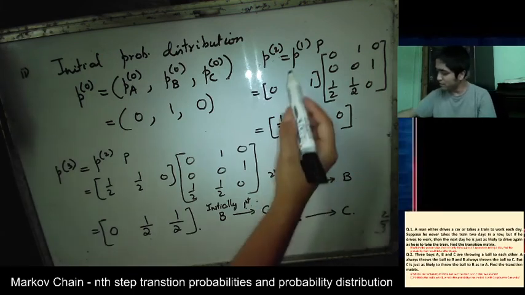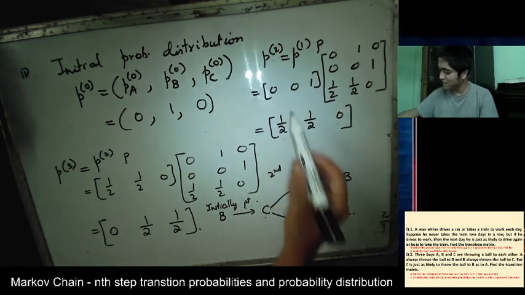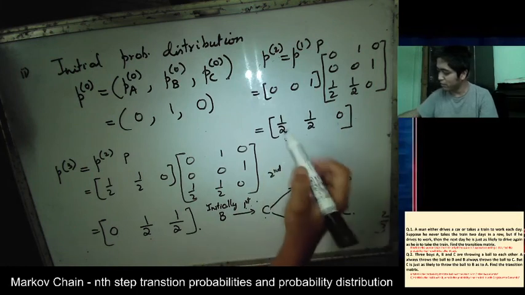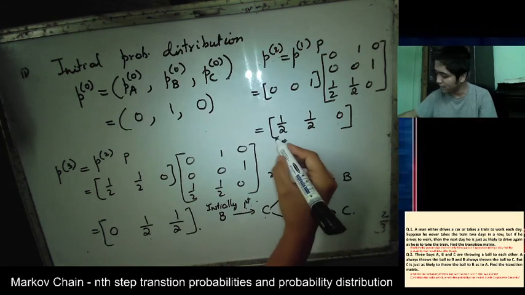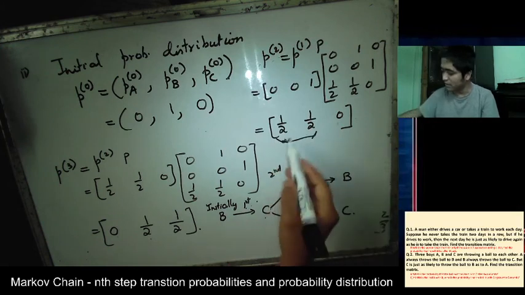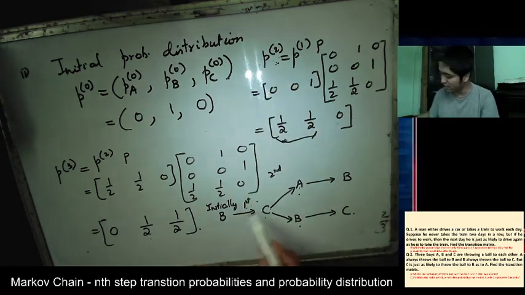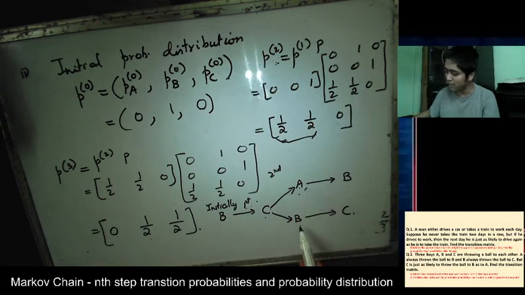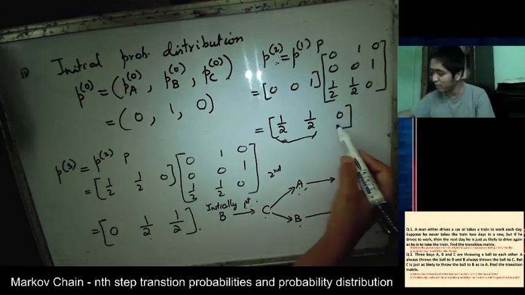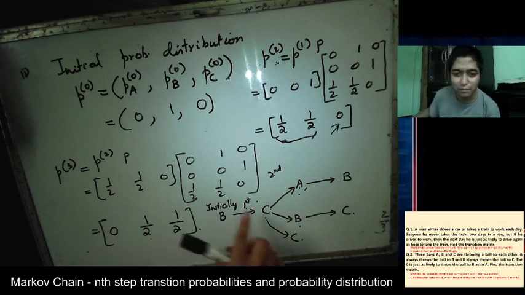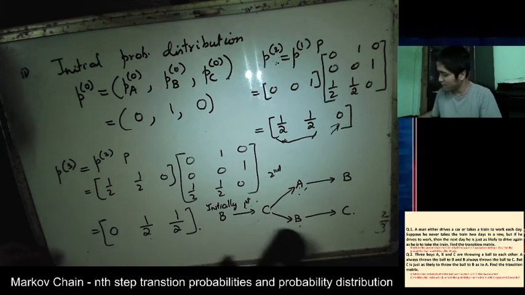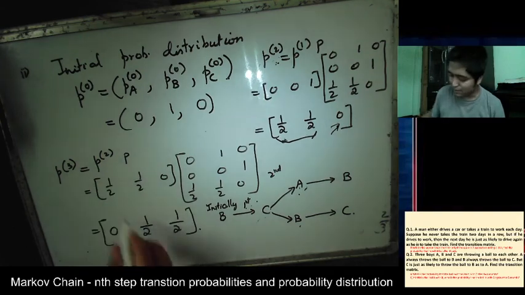If you are noticing over here, there is an equal probability that the ball will be with A and the ball will be with B after 2 rounds. After 2 rounds, the ball can be with A or it can be with B. It can never be with C. That is why we are not having a picture like this, from C throwing to C. But this is what we require.